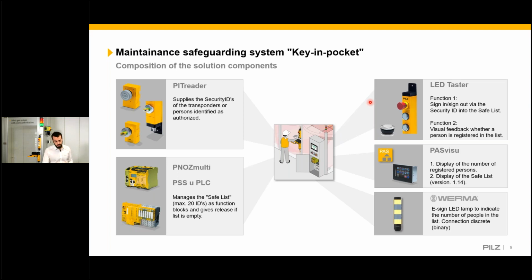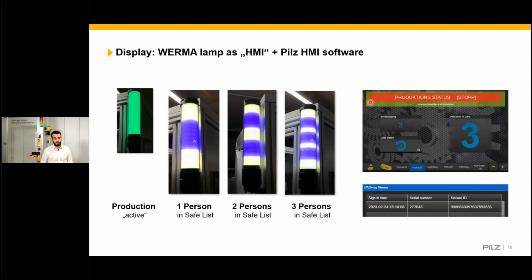Okay, here maybe it's easier to understand in this slide, where on the left side we have the Vermalite in overall green, and this means that there is nobody inside and the machine is producing, and so on. Okay, and if somebody wants to sign in, then we have 1 person here, two people, and three people. So that could be another option to visualize easily how many people are inside.